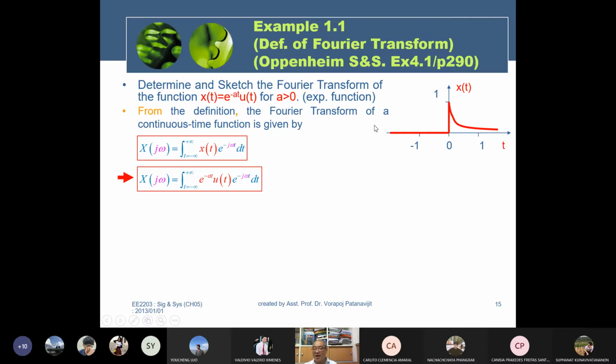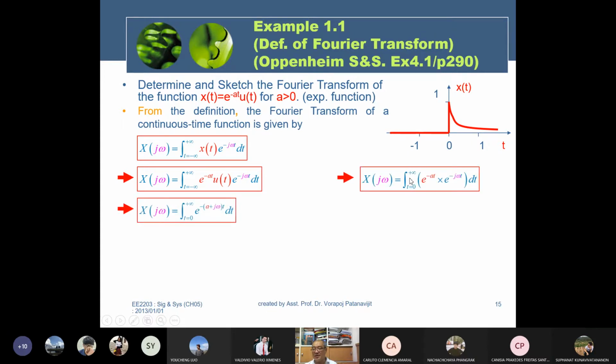The range of integration is separated into minus infinity to 0 and 0 to infinity. From minus infinity to 0 it is equal to 0. Therefore, the integration reduces to 0 to infinity instead, because x(t) for t lower than 0 is 0. For time greater than 0, x(t) equals e^(-at).